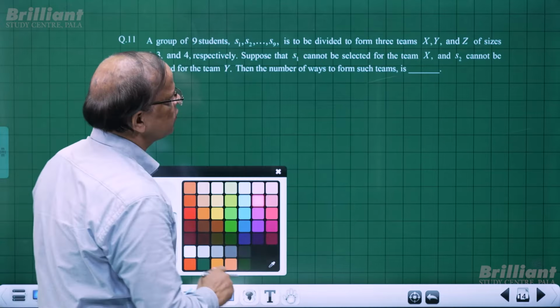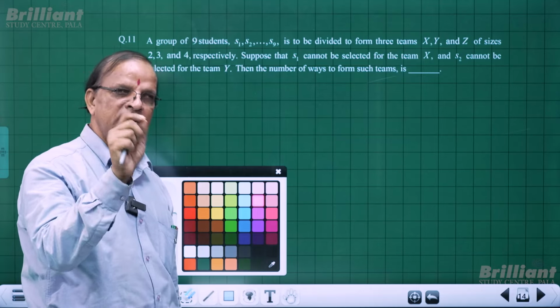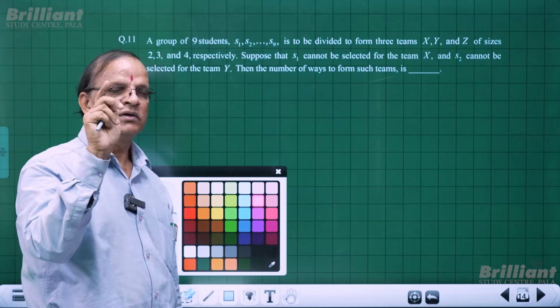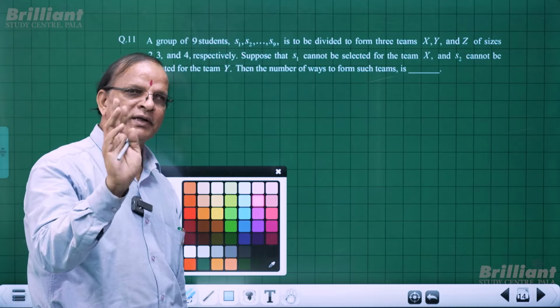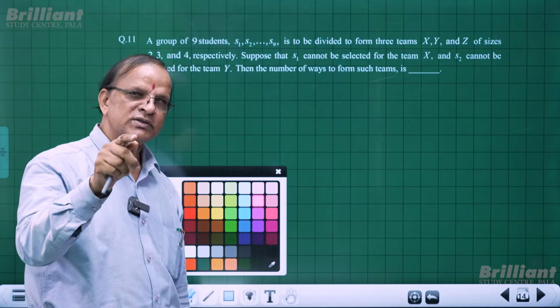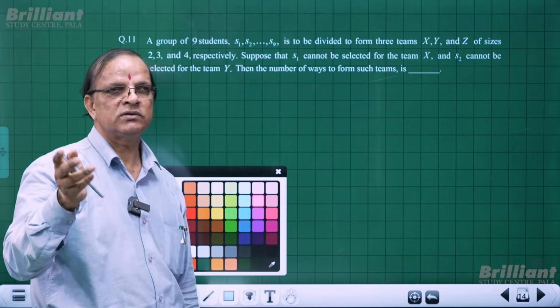So, for this, from the total number of teams we subtract the number of teams where S1 belongs to X, and the number of teams where S2 belongs to Y, right.